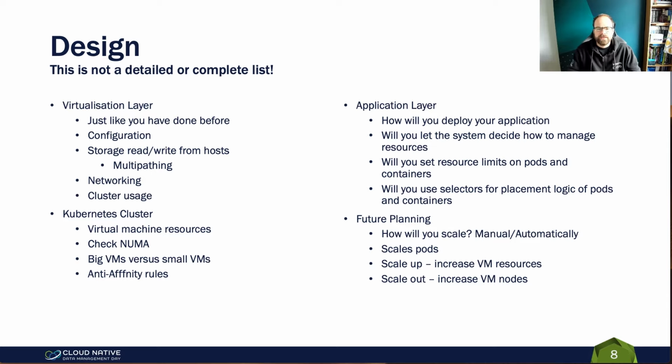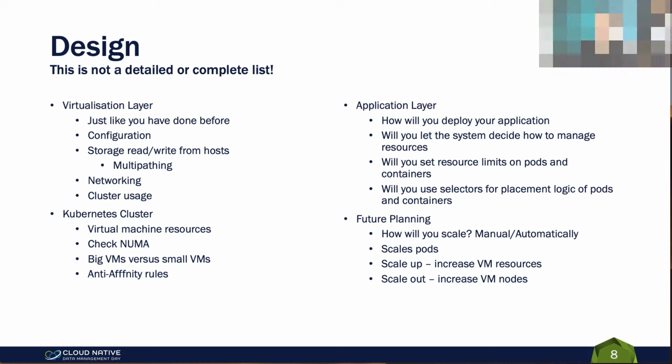So the first one is to think about your actual virtualization layer. From a design point of view, the considerations and everything that you work on is the same as what you've done before with virtualization platforms. It stays the same, right? So you need to think about your underlying configuration. You need to think about your storage. If you are using vSphere storage, or even if you are going out to external storage, what's the read and writes from the host, either over the network stack or dedicated HBAs, for example?